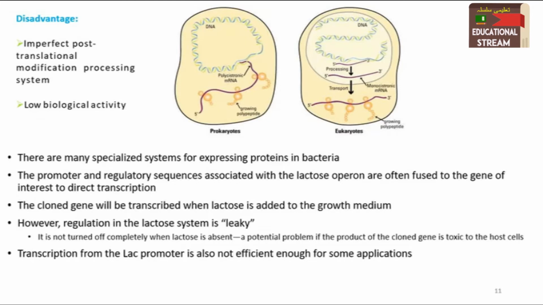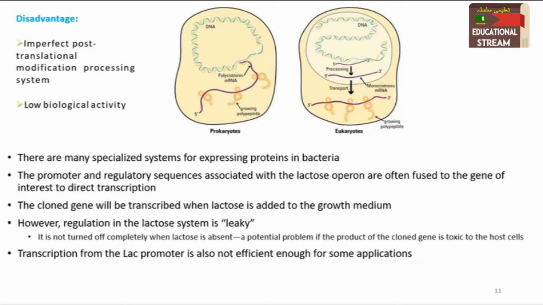Another disadvantage of the bacterial host system is that imperfect post-translational modification occurs. As we know, if we compare the process of transcription in prokaryotes and eukaryotes, it differs, because in prokaryotes the genes which are involved in the same process are clustered together under the control of a single promoter, and we call them an operon.